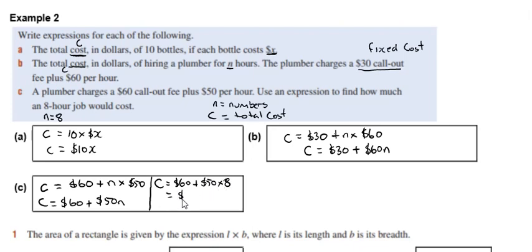So we have 60 plus 400. 8 times 50 is 400. So the total cost of that job is going to be 60 plus 400, which is $460.